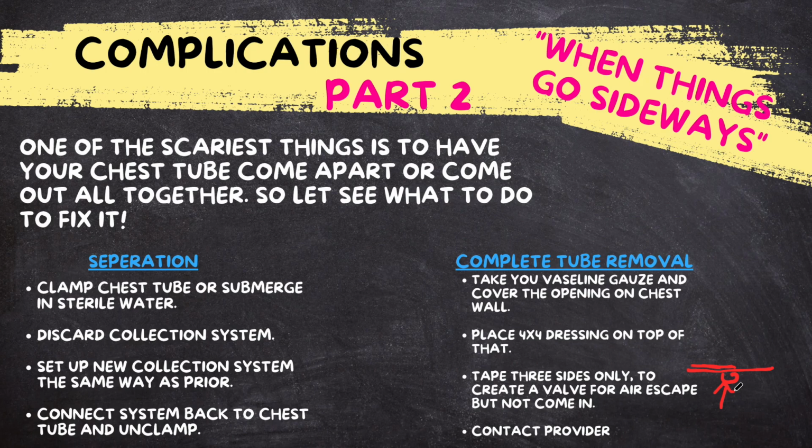With 3 sides, if it had to push air out, it could push it out the side that's not taped. And then as it tries to pull air back in, this part will come back down and shut it off. So it works like a flapper valve. I can blow out, but when I try to pull it in, it pulls it down tight on the skin. So it's a fix until you contact your provider and figure out what your next steps are.